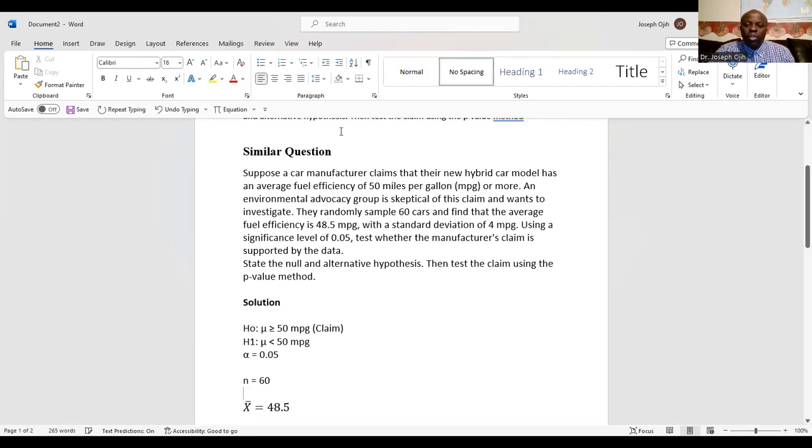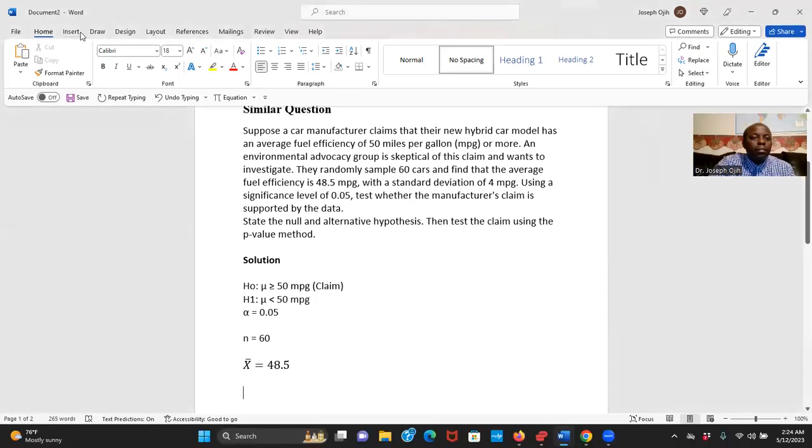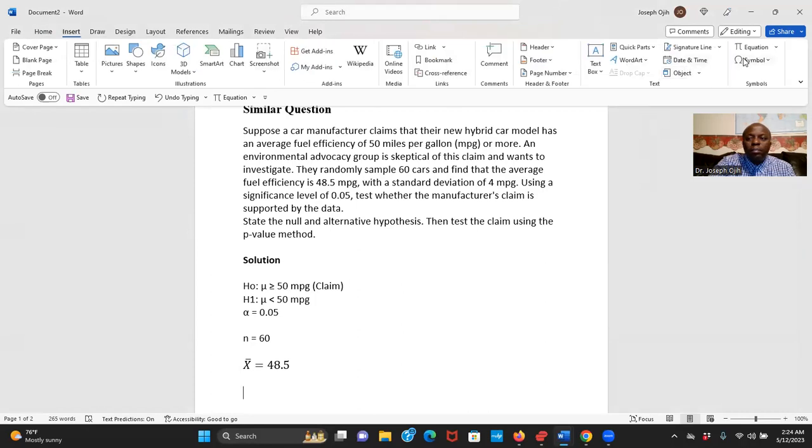So we're listing the numbers that will be put in the formula. The population mean is 50 miles per gallon. Population mean equals 50. What else do we need?